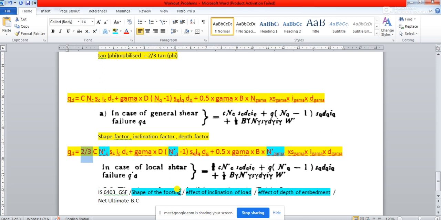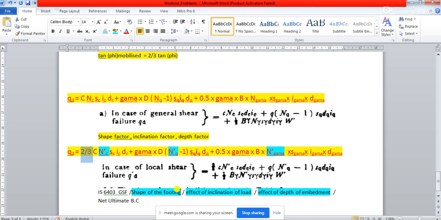So this is the primary part of understanding about your Indian Standard Code 6403 and how to calculate bearing capacity for any kind of footing, taking into the effect of different shape of footing, inclination of load, depth of embedment, and water table.